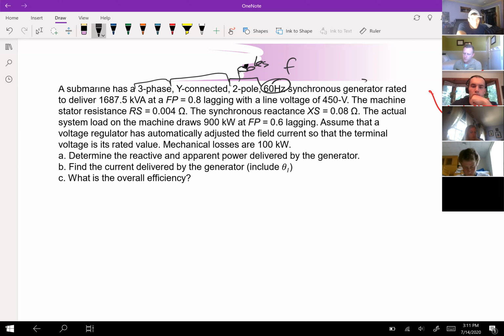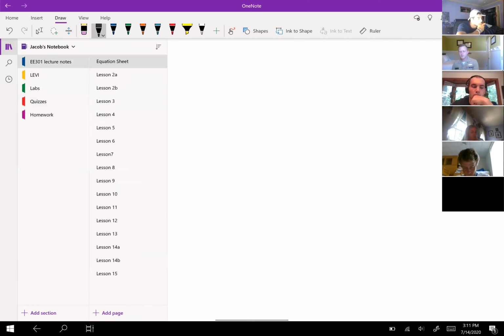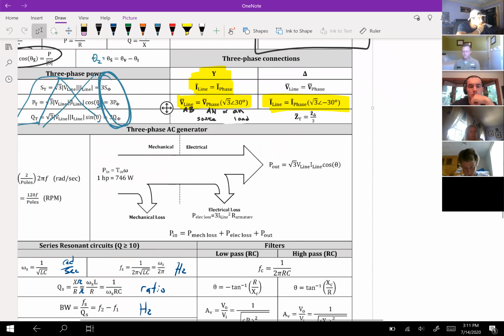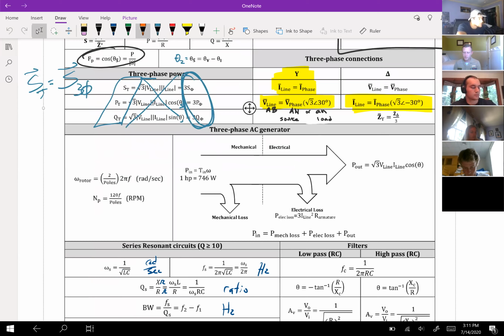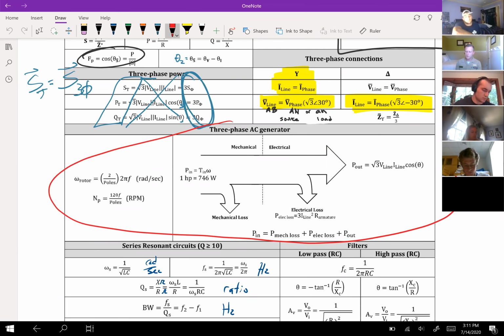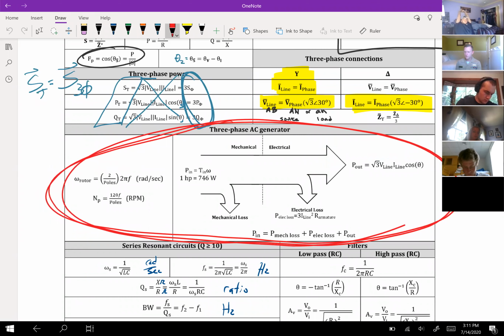And right here is the main word. I see the word generator. If I see the word generator and I'm a student in this class, I now know, whatever I was thinking beforehand about the problem, at least these formulas are going to be involved. That's because it's everything inside of three-phase generators.